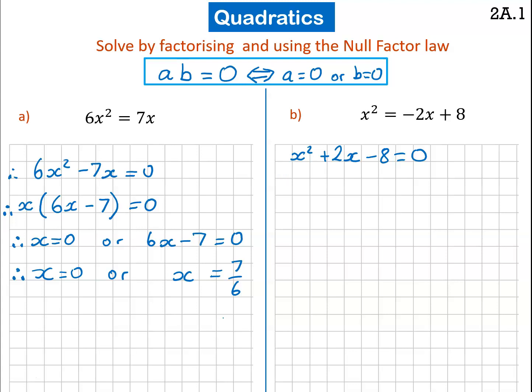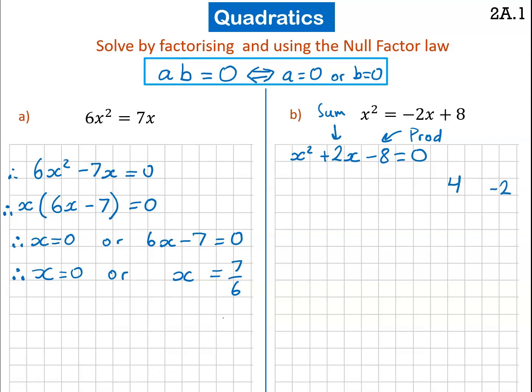If you recall, the minus 8 is the product, the 2 is the sum. So can you think of two numbers that when you multiply them together, you get negative 8, and when you add them, you get 2? Well, hopefully you would tell me that the numbers are 4 and negative 2.